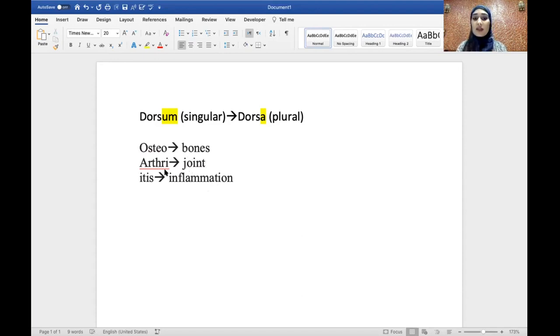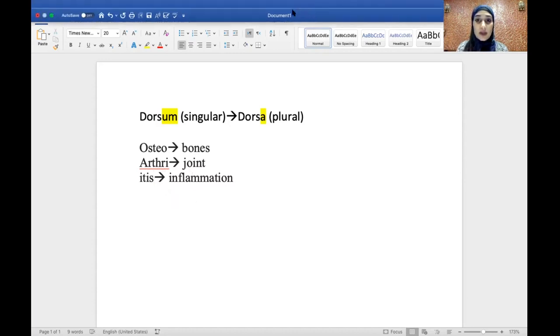No, this is a condition of aging when human beings are of old age. Osteoarthritis is a condition when the bones are degenerated, when they become weak. All right, and this is accompanied with inflammation in the body.